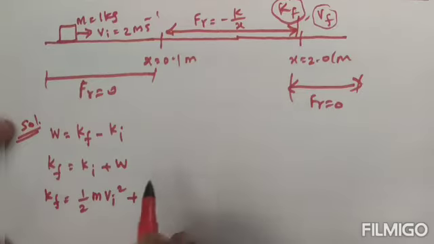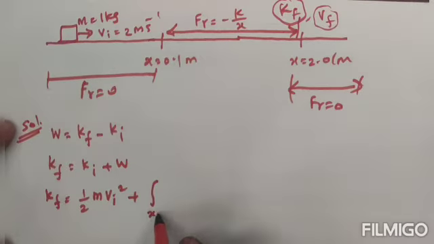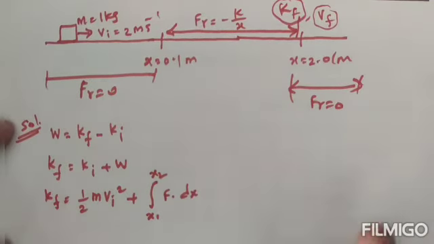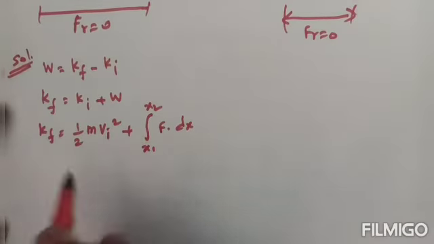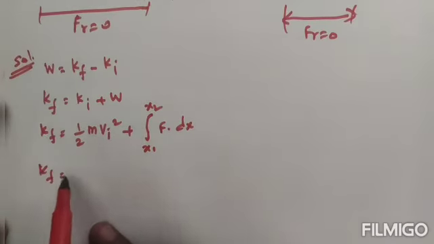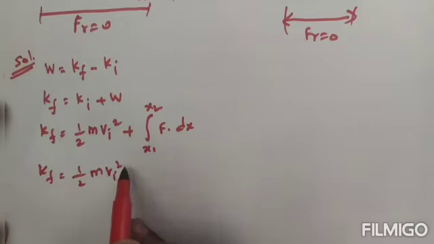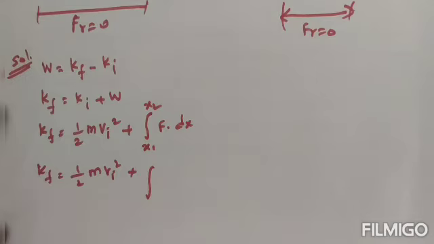That work done we can write by using the variable force idea, with limit from x1 to x2, then force into displacement concept. So now we can write Kf is equal to half into m into vi squared plus the integral from x1, that is the initial position.